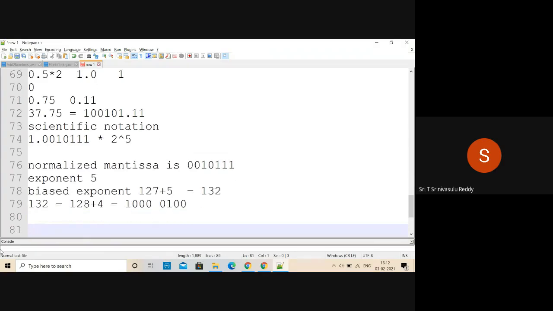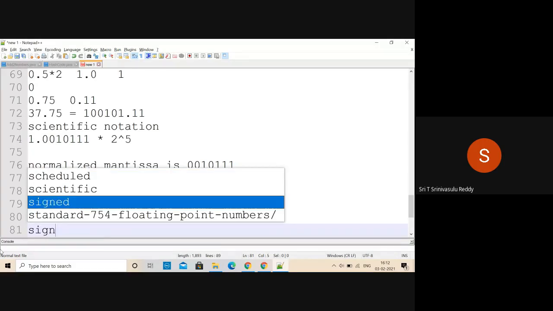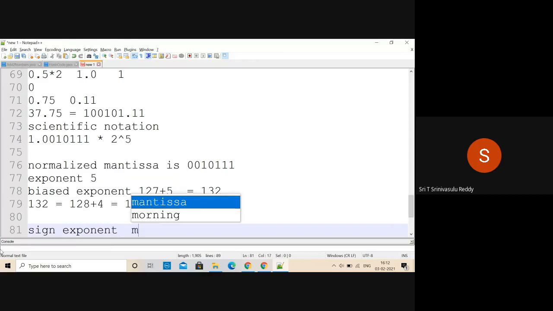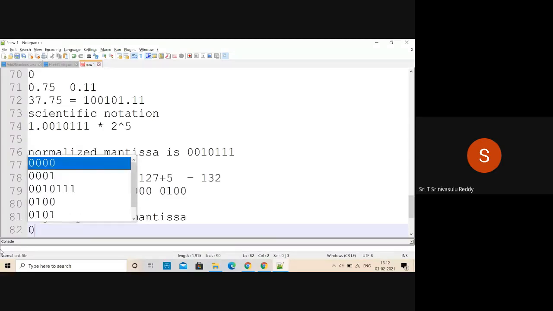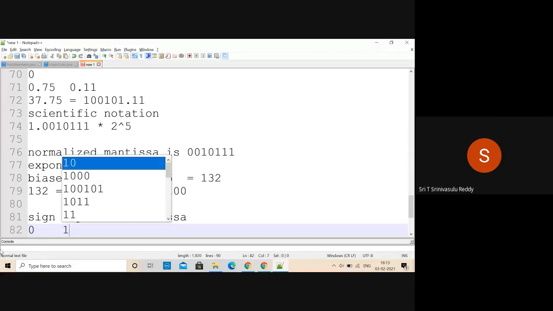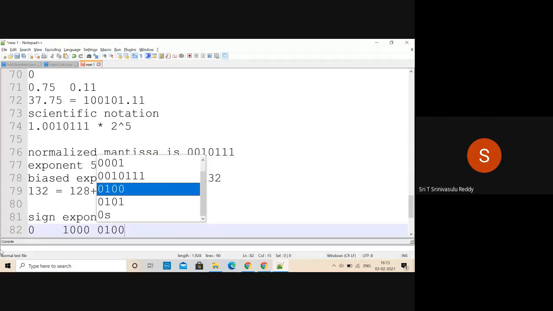So the total number, how it is going to be internally represented: first you have the sign bit, then the exponent, and then the mantissa. What is the sign bit? It is a positive number, so 0. What is the exponent? Just now we have converted: 1 followed by 3 zeros bits.